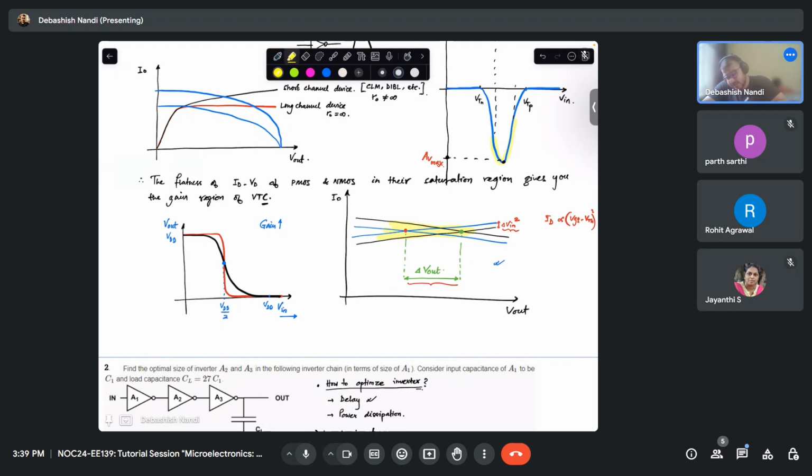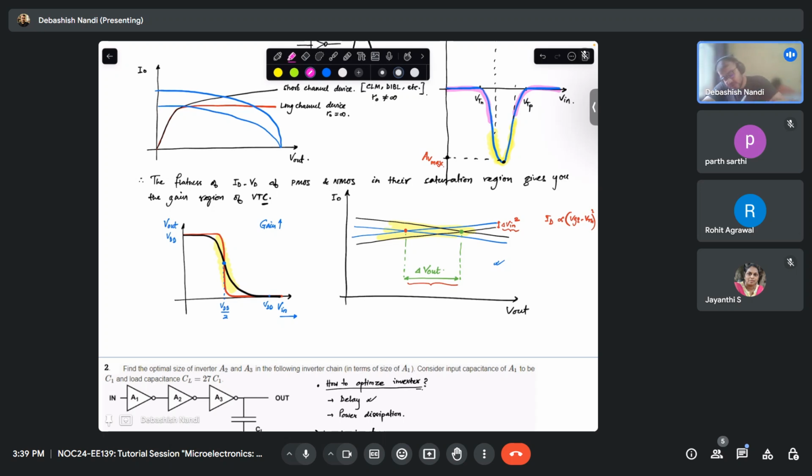You see that only in this region you can get the gain, right? As soon as you deviate from this region, your gain drops to zero. So the first thing is, to amplify you need to be in this region.